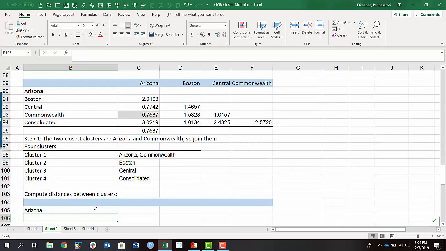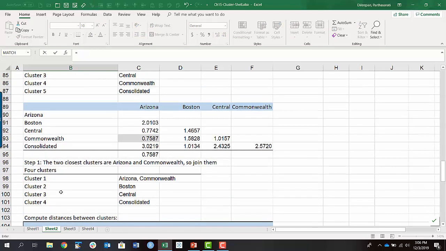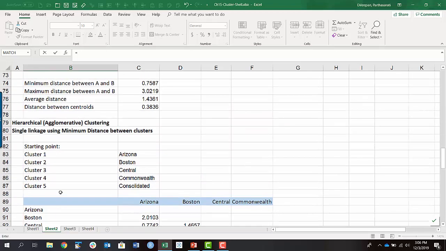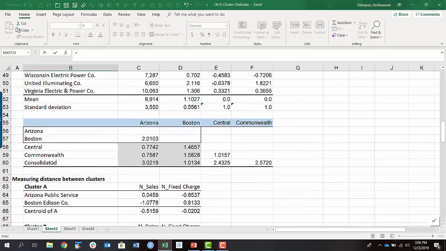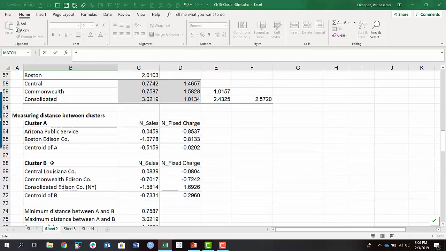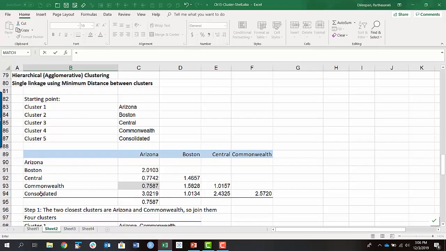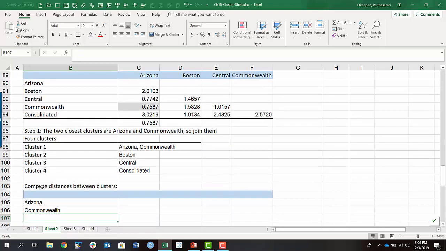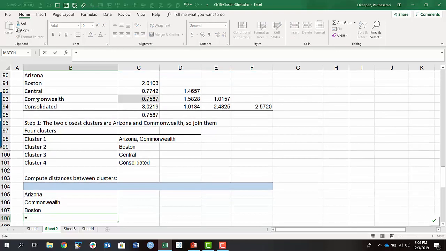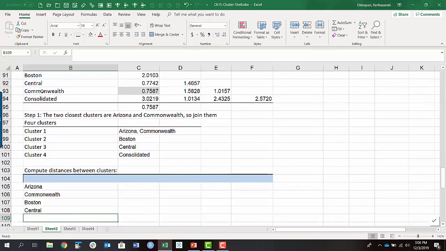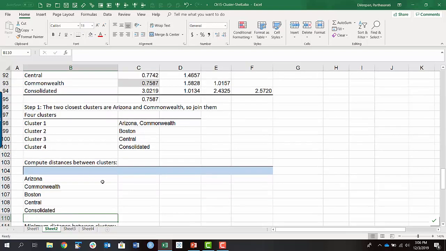Let's order them so that the clusters are together: Arizona and Commonwealth, and then Boston, Central, and consolidated.